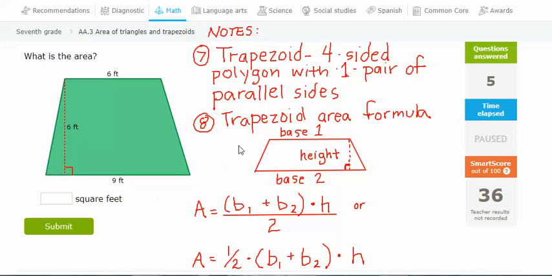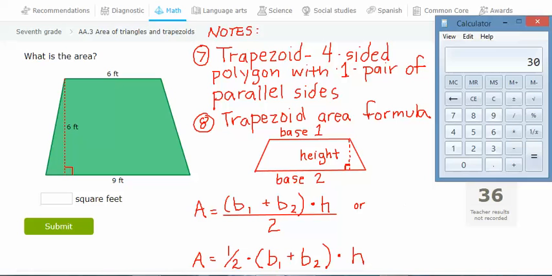All right, so the trapezoid area formula, first you have a label, a picture and a diagram of the trapezoid. So it's base 1, so 6, plus base 2. Let me get the calculator out.